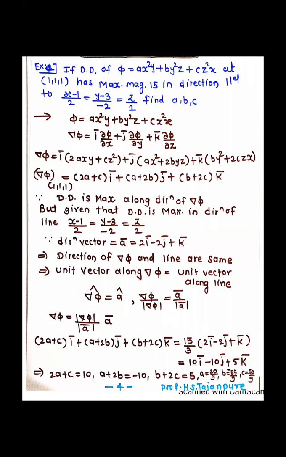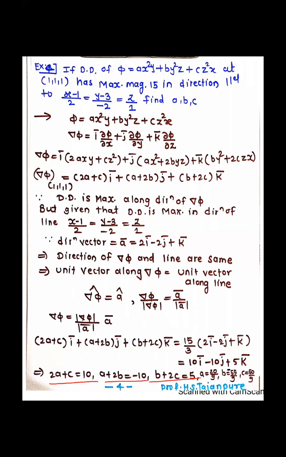Now just simplify the right hand side. 3 fives are 15, and then you multiply this 5 inside the bracket to the vector. So it will be 10i bar minus 10j bar plus 5k bar. Again compare the coefficients of i bar, j bar and k bar. You will get these equations: 2a plus c equal to 10, a plus 2b equal to minus 10, and b plus 2c equal to 5.